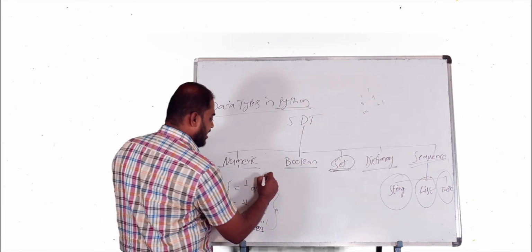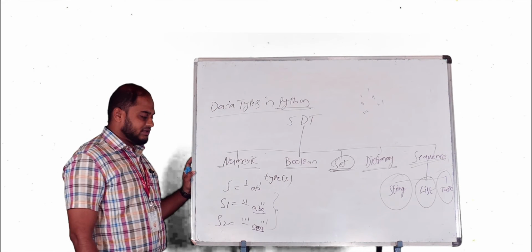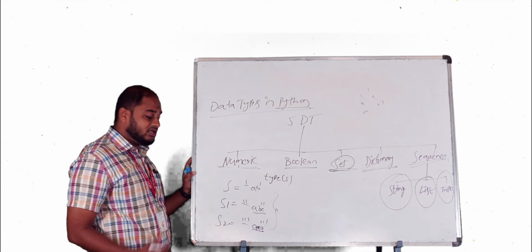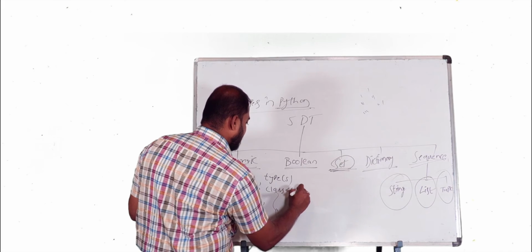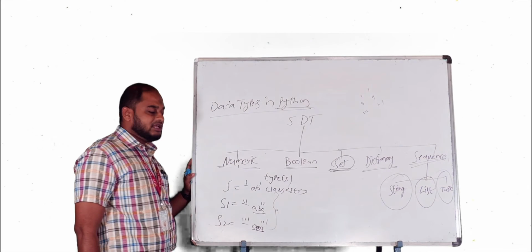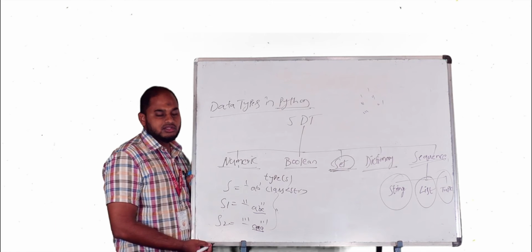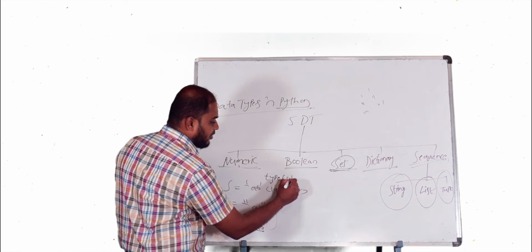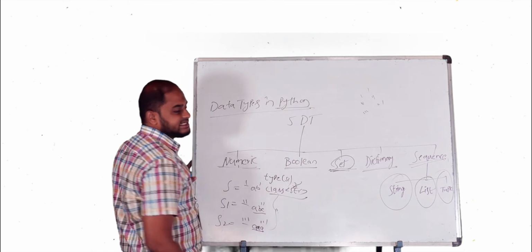Type of S, and automatically you should get the output class str. Similarly, to check whether this is also a string, you can give type of S1, and when you enter, you get the same output, class str.